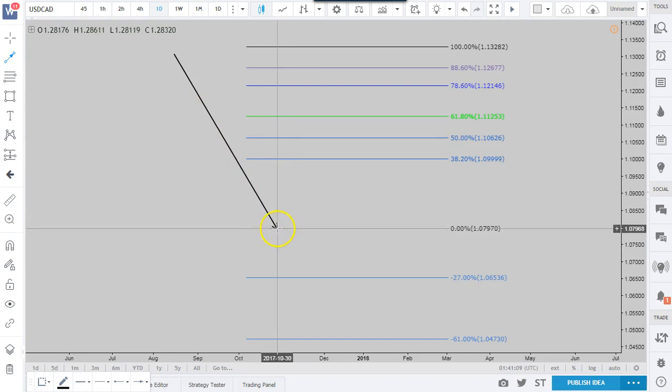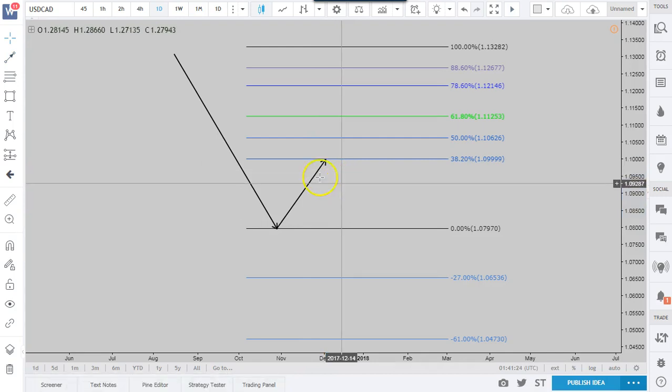So we don't expect price to just drop. We expect price to retrace and give us a pullback. If price was going at a faster pace, we expect price to come into the 0.382 retracement.